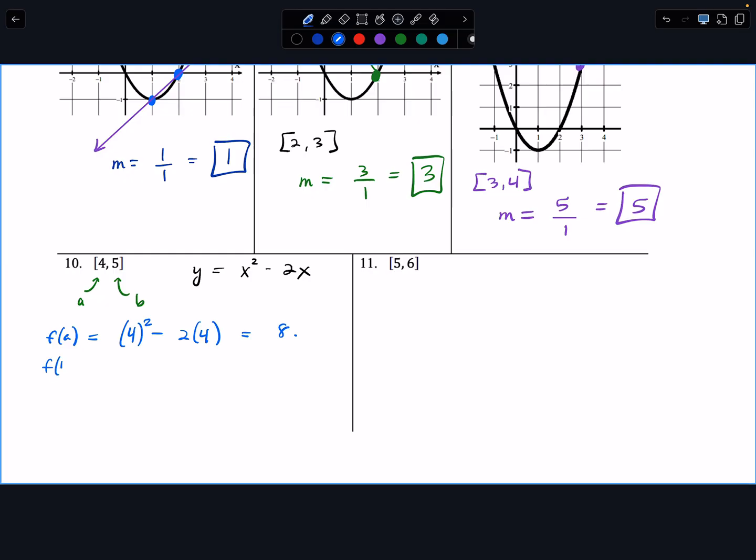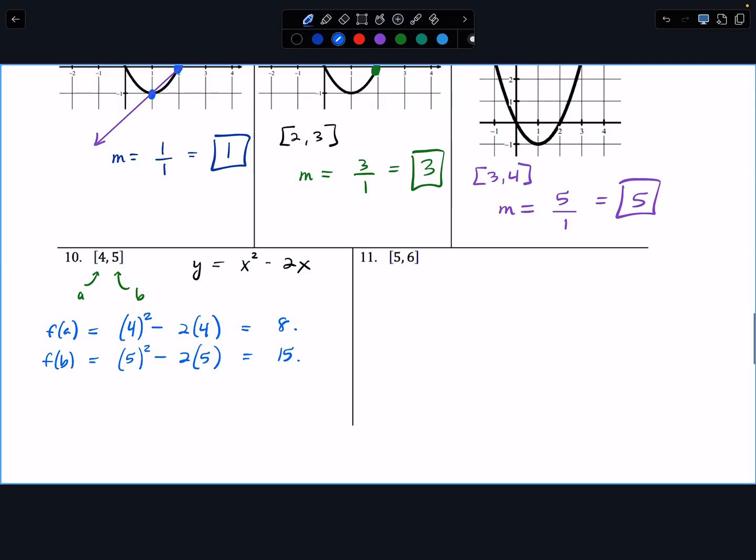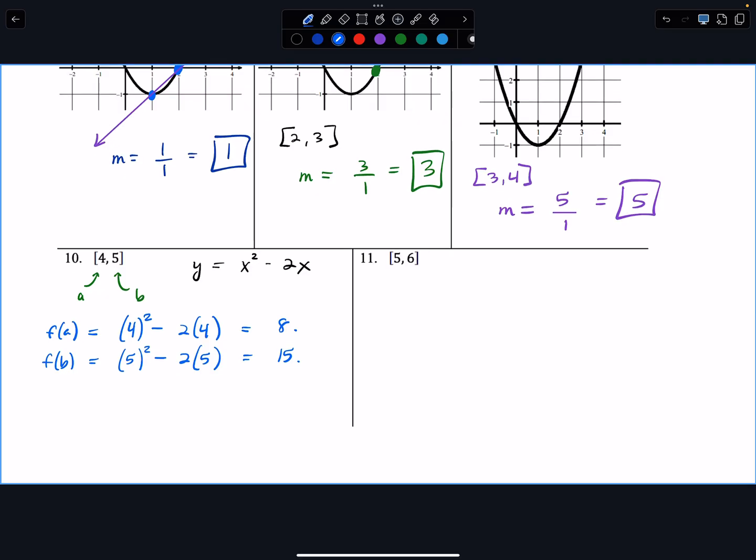F of B is going to be, I'm going to plug in 5 now. So 5 squared minus 2 times 5. 5 squared is 25. 2 times 5 is 10. 25 minus 10 is 15. Okay, so is everyone following me? So now to do the slope, remember it's f of b minus f of a all over what?